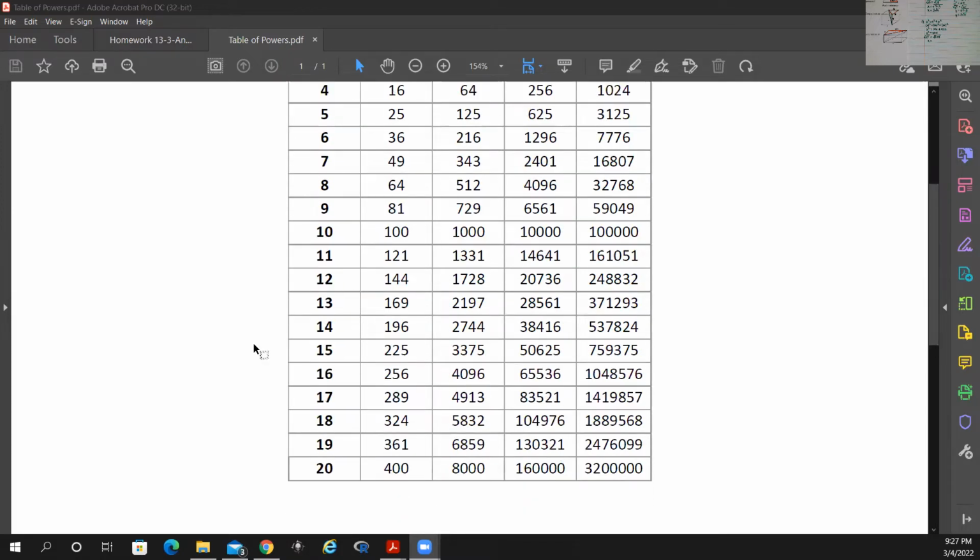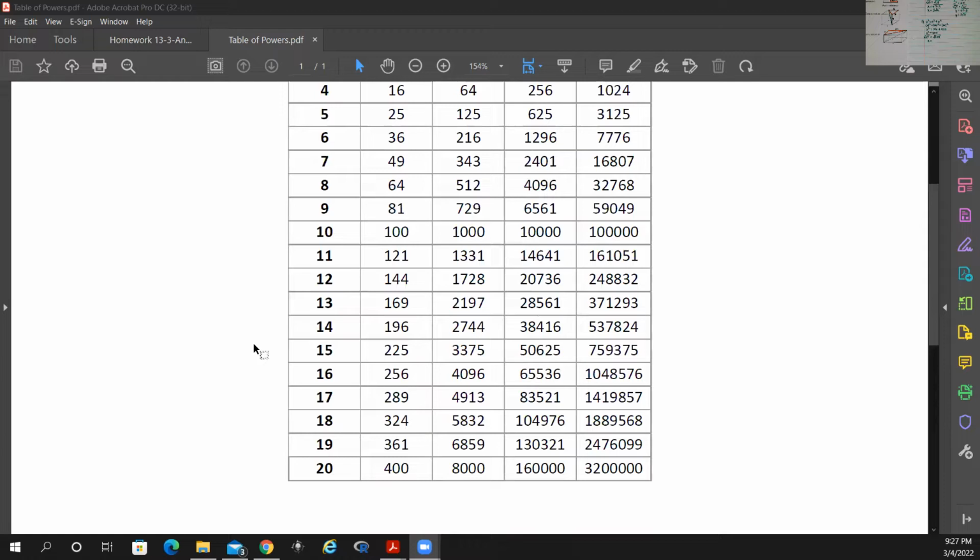Now I know 544 would not be divisible by 400, and nor will 544 be divisible by 361. 544 is not divisible by 324, nor is it divisible by 289. I'm starting from the bottom of that n squared column and working up to the top.